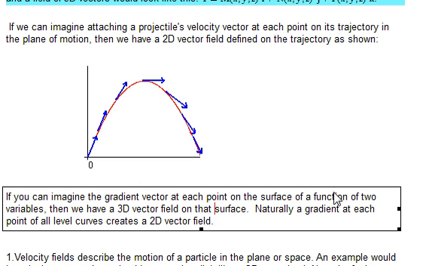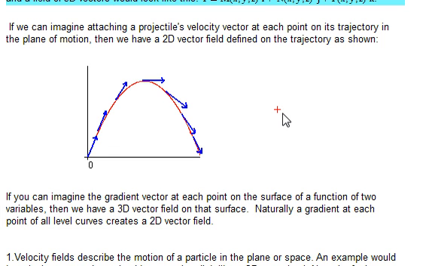In other words, we've got a surface, a function of two variables, and we have a 3D vector field because at each point on that surface there is a gradient vector, and it would be pointing in the direction of steepest ascent. So naturally, a gradient at each point of all the level curves creates a 2D vector field, right? Because the level curves are all inside the xy plane.